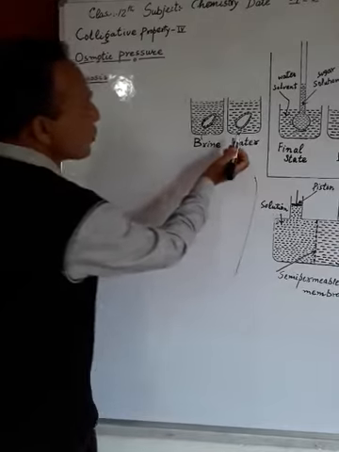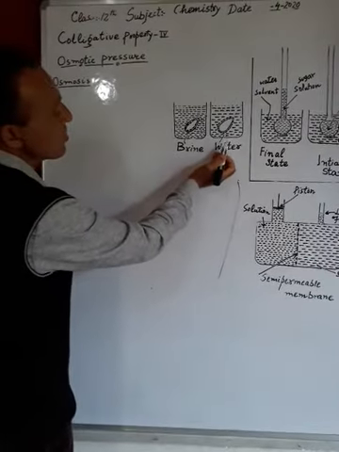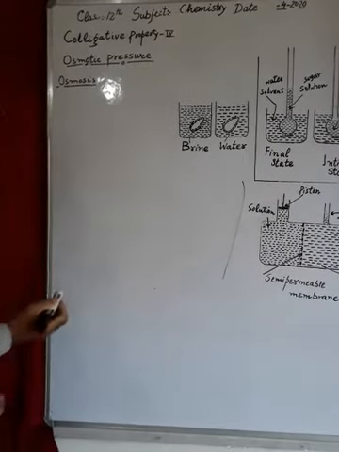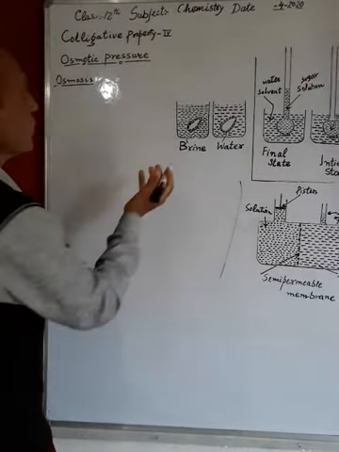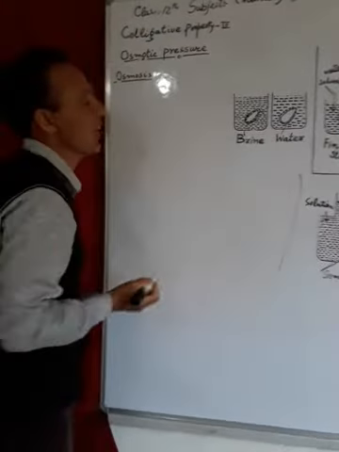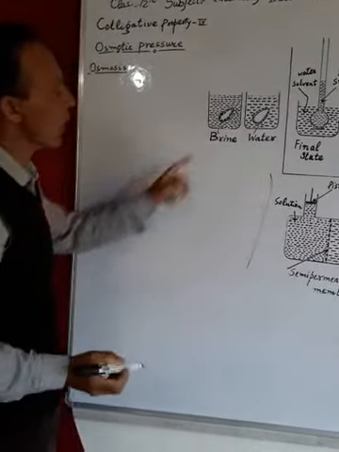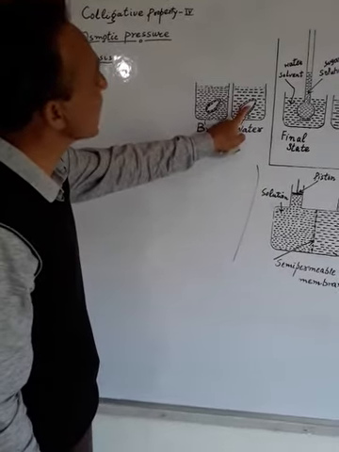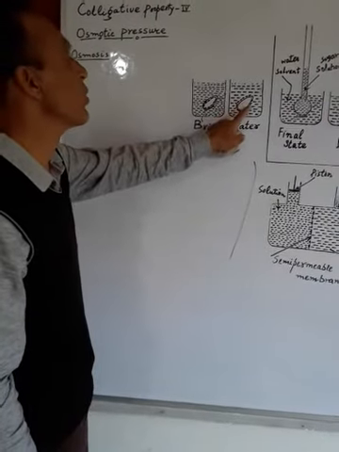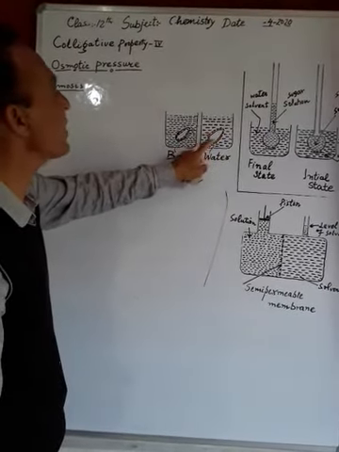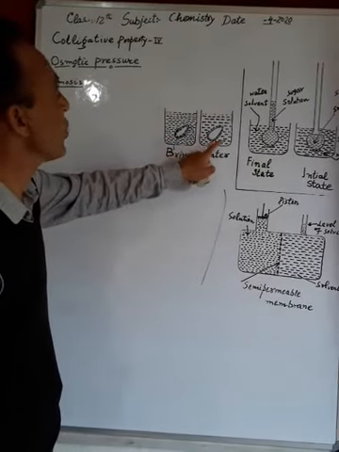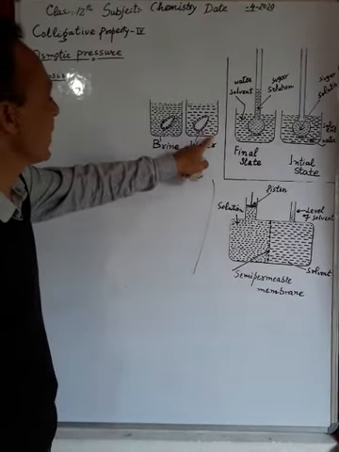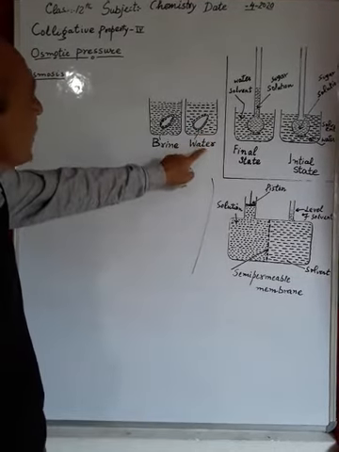Now the egg which is put in the water swells, and the egg which is put in the brine shrinks. Now why this swelling? The water molecules enter into the egg, which contains concentrated fluid, through the egg walls, which act as semi-permeable membrane. So due to osmosis, water enters the egg in the first beaker in which we have taken the water.